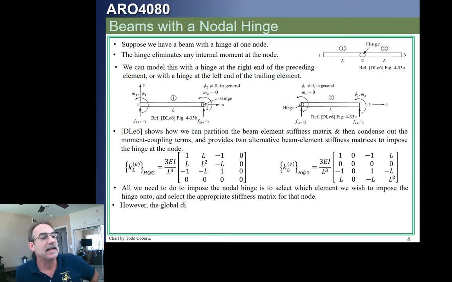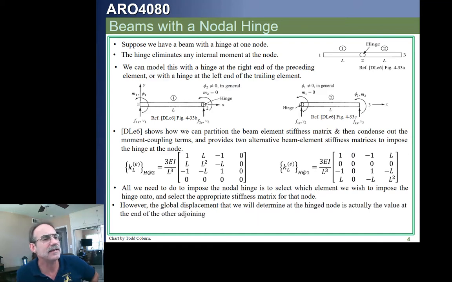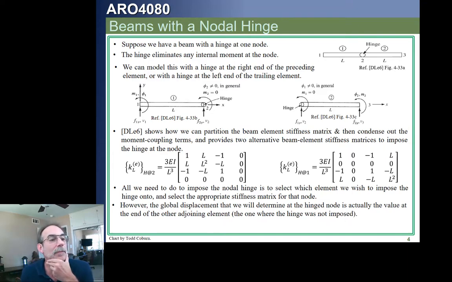This is explaining what we just did, and now we have to take care. We impose the nodal hinge by first selecting the element and the node on that element that we're going to impose the hinge on, changing the local stiffness matrix for that element.